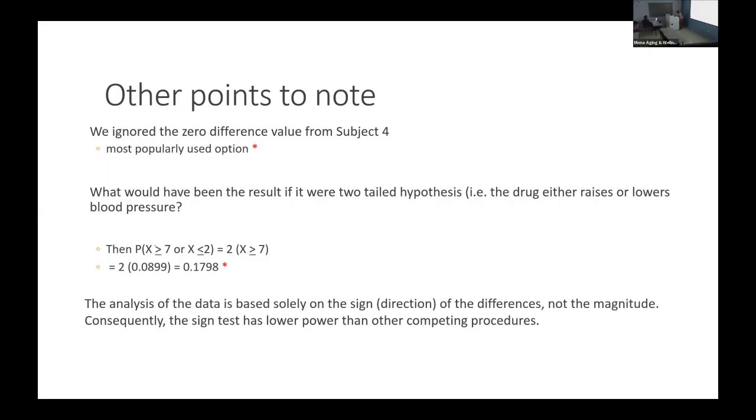So the probability of your positives being greater than or equal to 7 or your negatives being less than or equal to 2 is equal to 2 times, there should be a P here, 2 times the probability of X, in this case X is the positives, greater than or equal to 7.